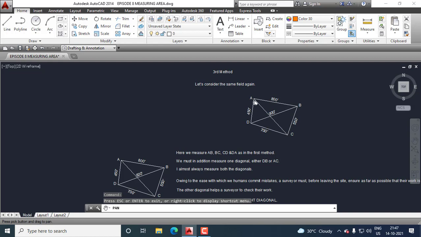We need not calculate this second diagonal, but I always measure this second diagonal also, because for checking our survey or for checking our calculations, this second diagonal helps very much.